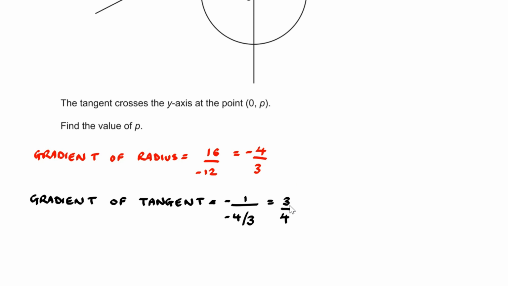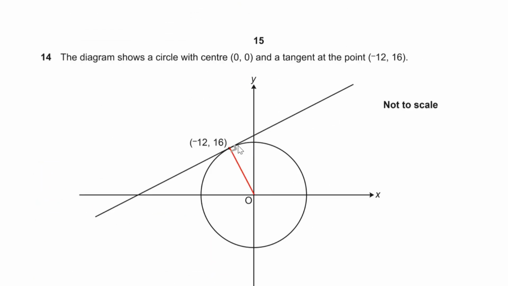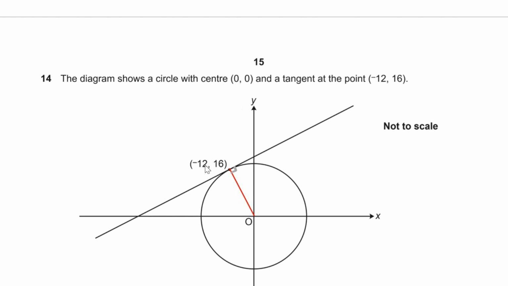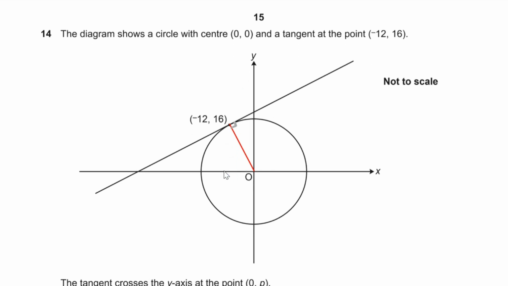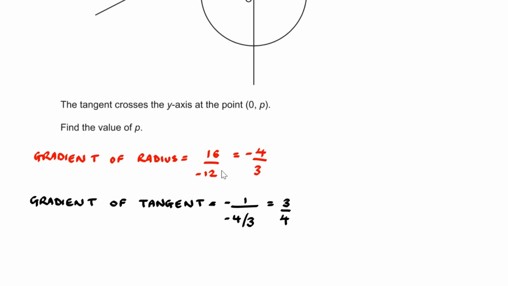So now that we've got the gradient of the tangent, and we've got the point where the tangent crosses through P, what we can now do is find out the equation of the tangent.